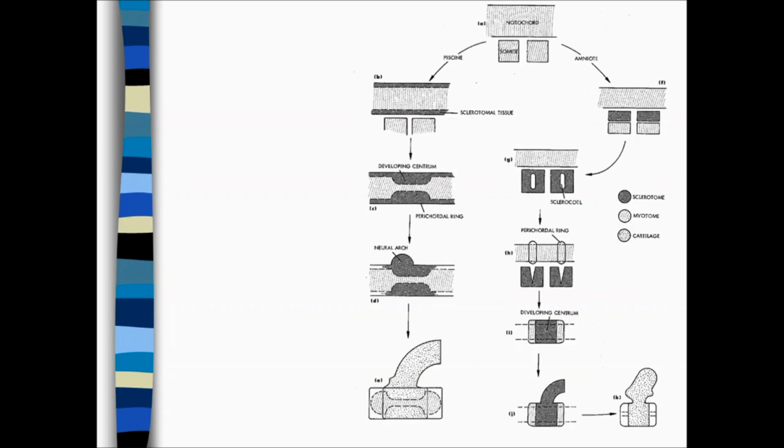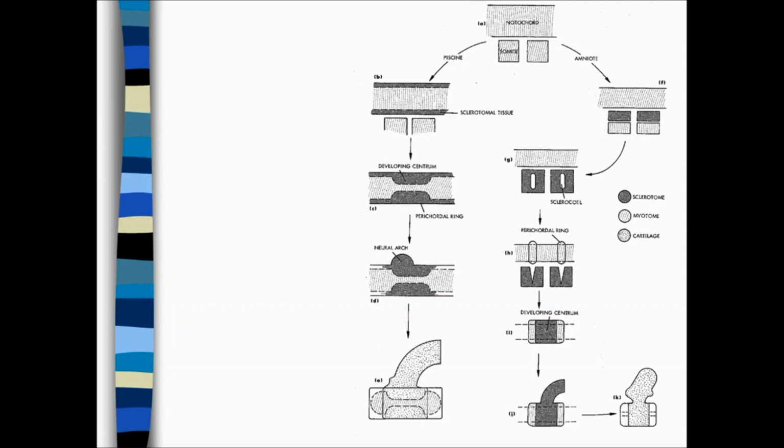All right, so let's now talk about the vertebrae, and I just want to spend a moment with this diagram and show you that evolutionarily we begin with the notochord up here, and then below that we have these somites, or these myomeres, these body segments.